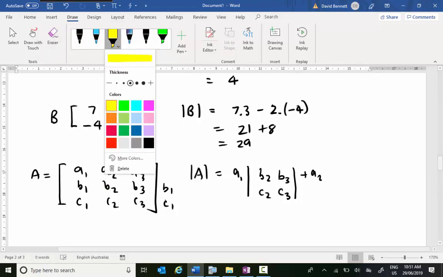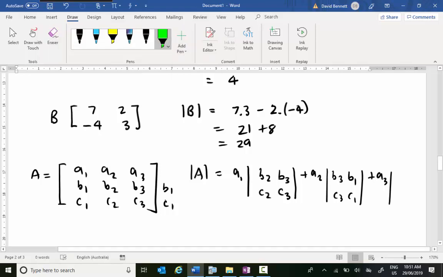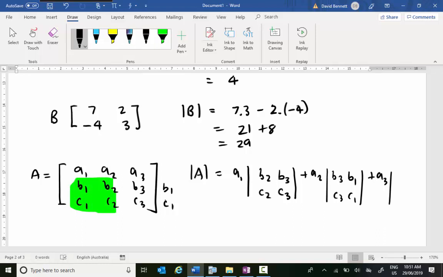So I look to the right of the next term: A2, and to the right you have B3, B1, C3, C1. Then you have A3, and for that one you need to look coming across this way, and it's these values here: B1, B2, C1, C2.